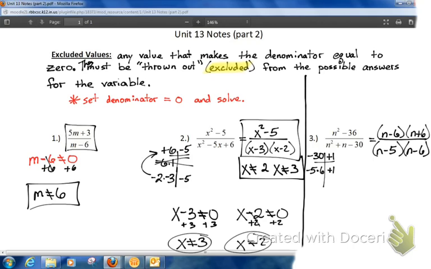Now, here's the problem that most people make in this section. You have to state your excluded values after you factor, but before you cancel. And I'm going to put that up here in red somewhere. Let's just put it right here.